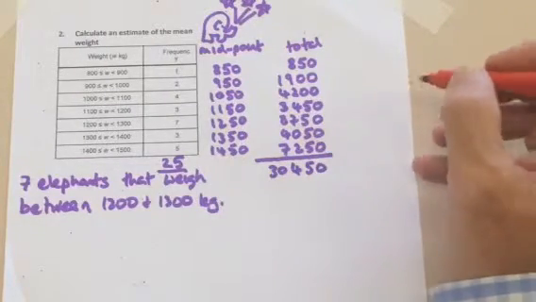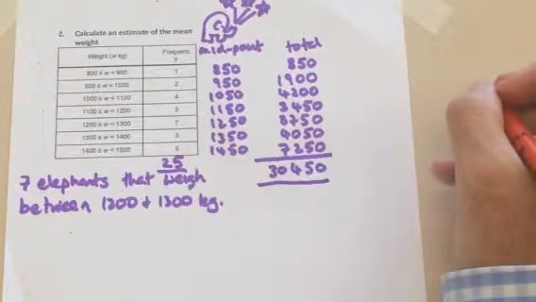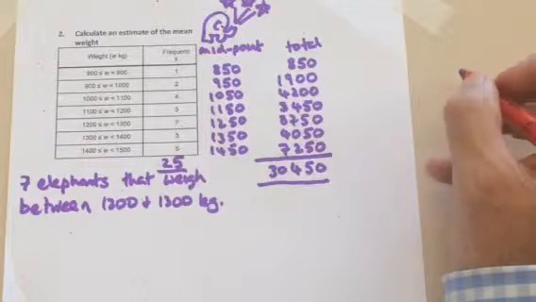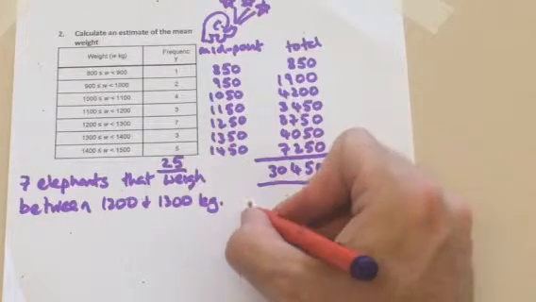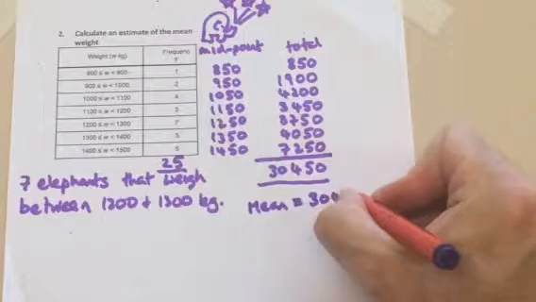Okay, I'm just going to check that. Okay, now to work out the mean mass, I've got to divide that number by 25.